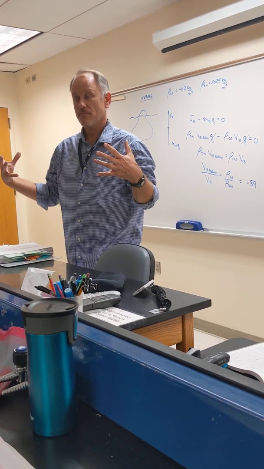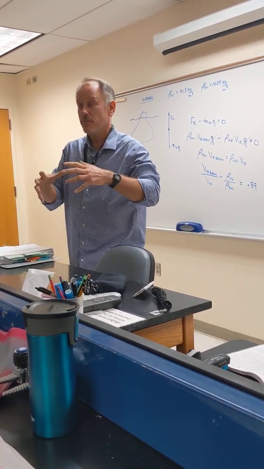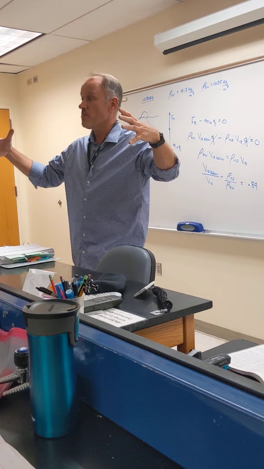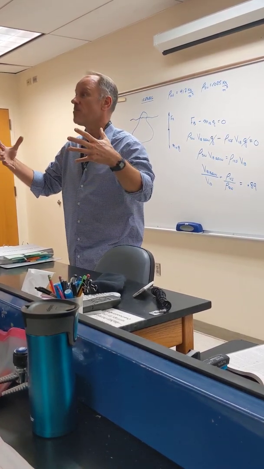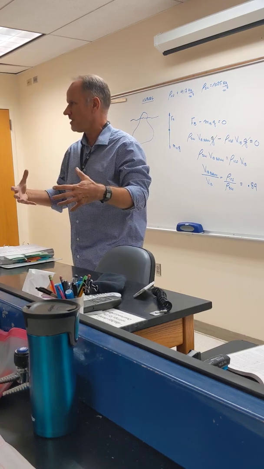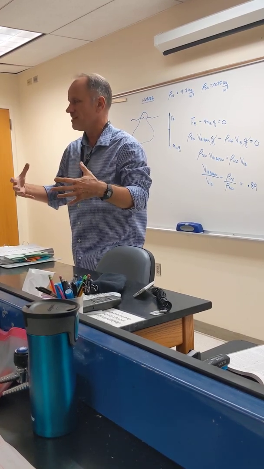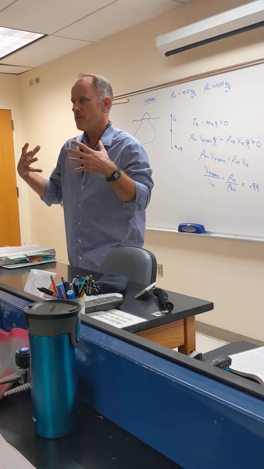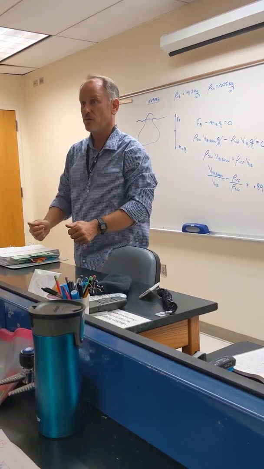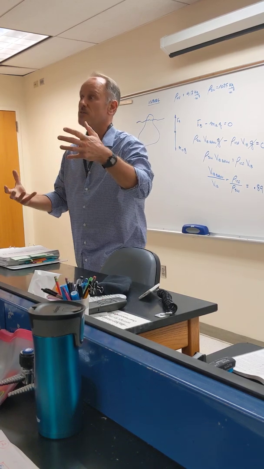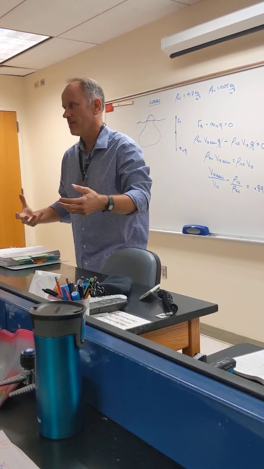Can float. So it pushes aside more fluid to add more buoyant force to you without adding more weight to you. Does that make sense? Okay? A personal flotation device pushes aside more water, thus giving you a greater buoyant force without making you heavier or that much heavier.